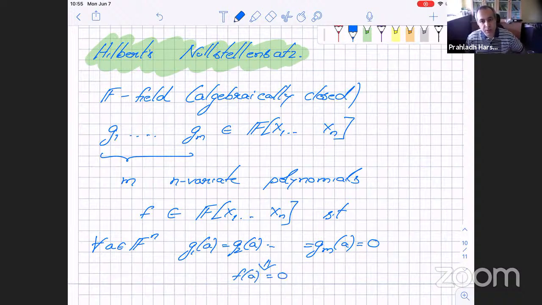Suppose you had this property, that is, on the vanishing set of g1 to gm, f also vanishes.